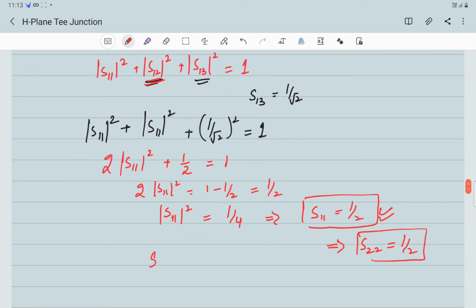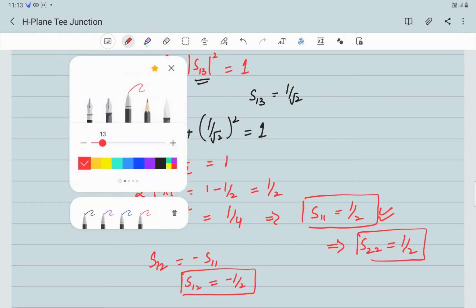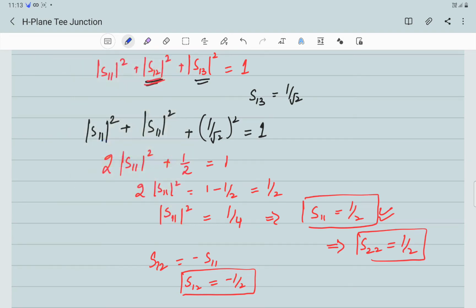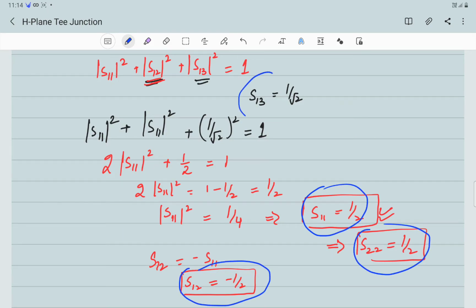That means S12 is minus times 1 upon 2. As already said, there are only 4 unknowns that we need to know: S11, S22, S12 and S13. So we know all these S parameters.